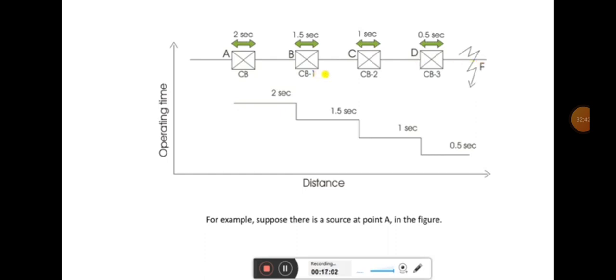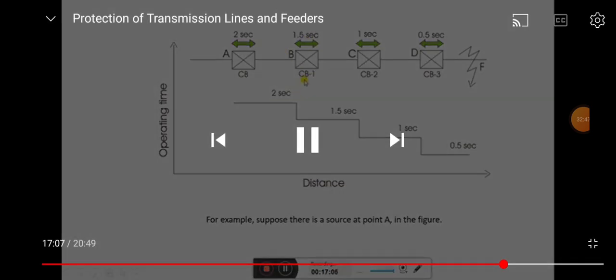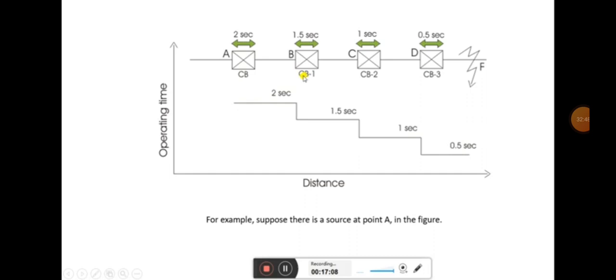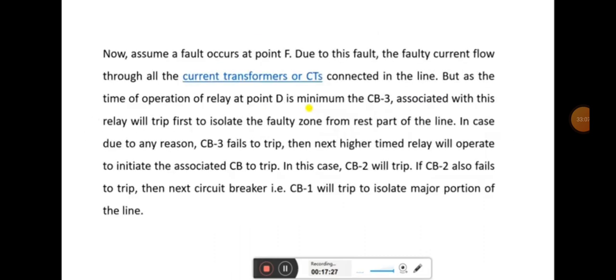And second, when CB1 operates, it means most of the length of this line will be disconnected from the source. That is also not desirable for an efficient protection system. That is what is written here in this part.